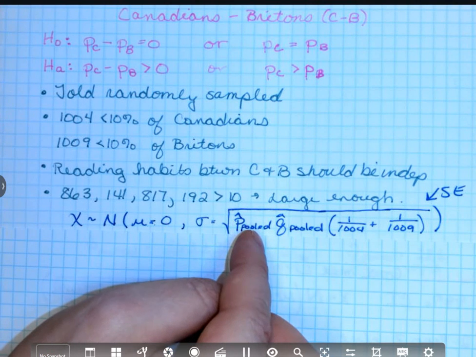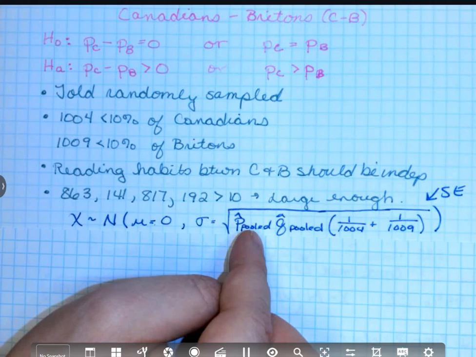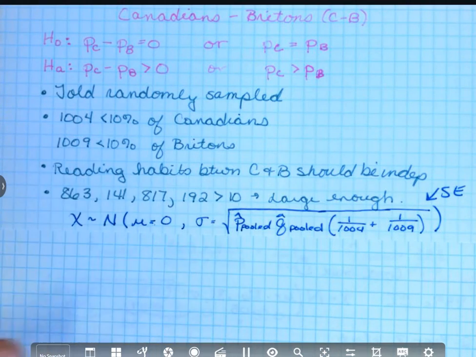And notice I actually wrote out pooled. Please do that. Don't write p hat, q hat. How would we find p pooled?